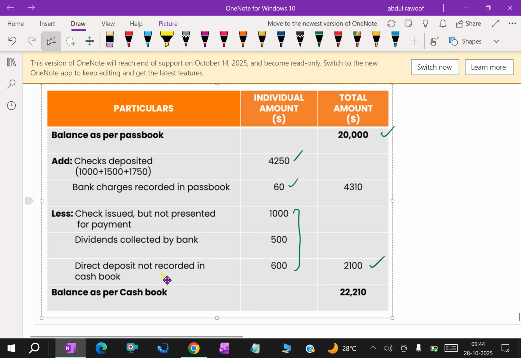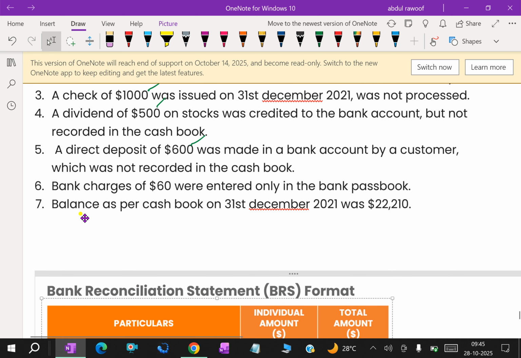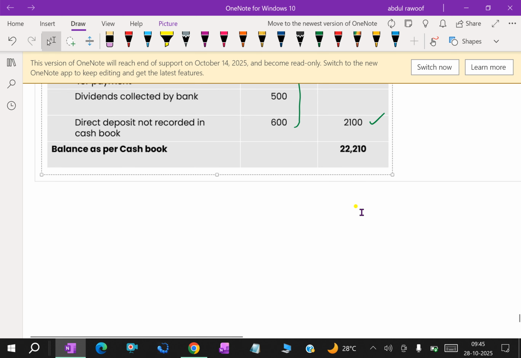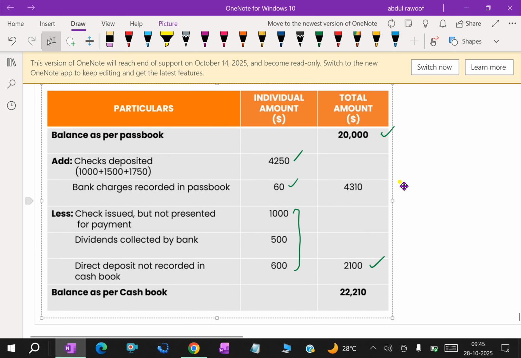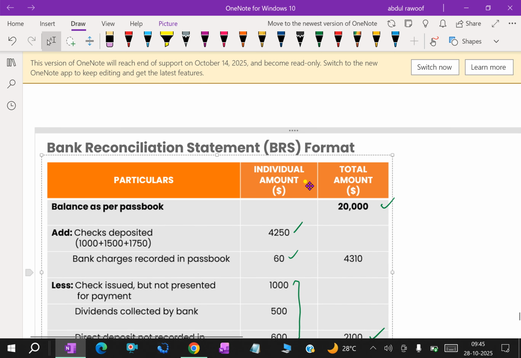And now the balance as per cash book is given, 20,210. Look, that is also given here. Balance as per cash book on 31st December 2021 was $22,210. So it is written like this. This is a model of a reconciliation statement, BRS statement, bank reconciliation statement.